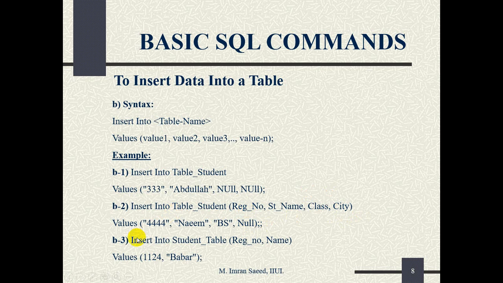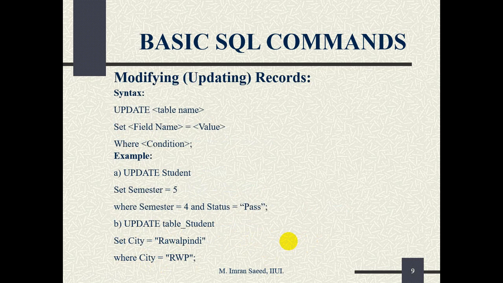And here if I only want to enter these 2 fields' values, I will say insert into student table, only those field names in which I want to insert data, then the keyword values, then the values of these fields, reg number 1124, name Babar. So it will keep all other attributes of the table null. So this is how we insert the data.